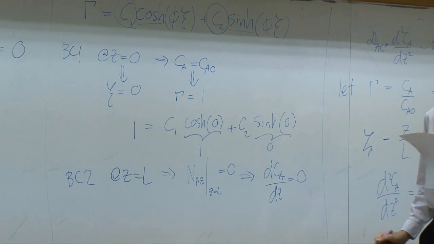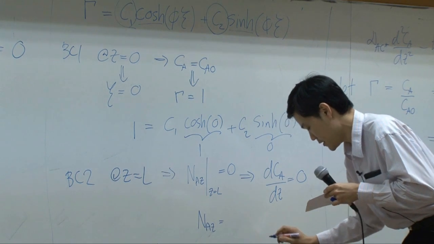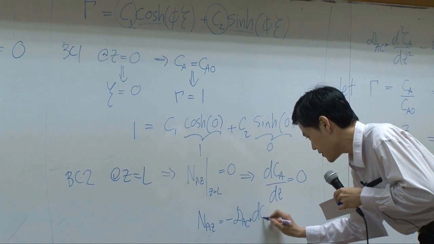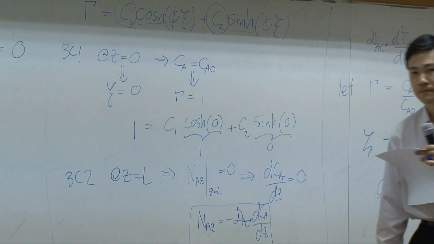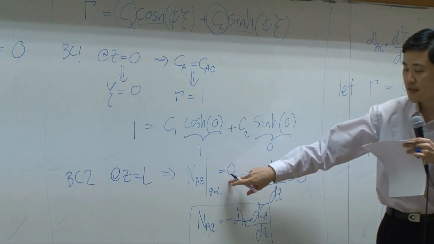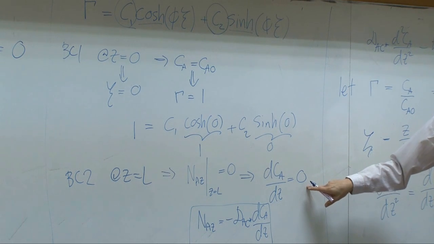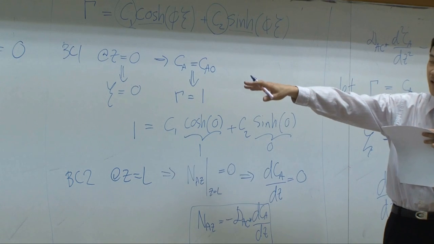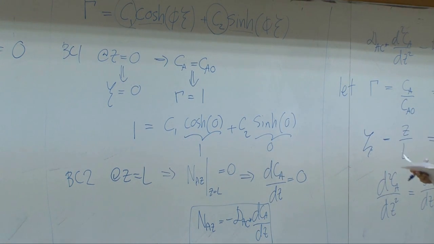Why? Because earlier we found that NAz equal to minus DAB c star dCA by dZ. Earlier we did find that. And therefore, from this boundary, it means that differentiation of CA by dZ equal to 0. From that, you can convert to dimensionless form of sine and gamma and solve for C2.